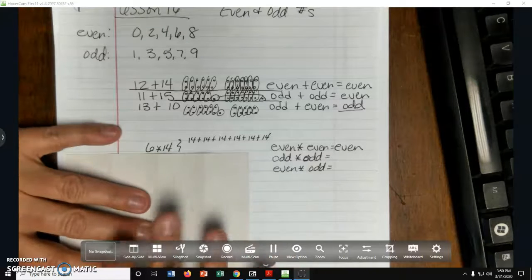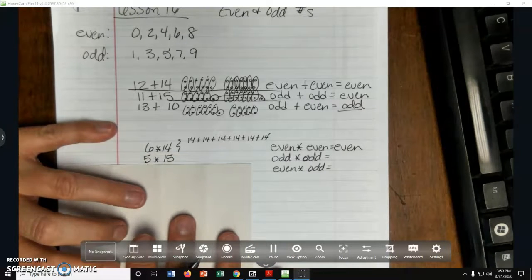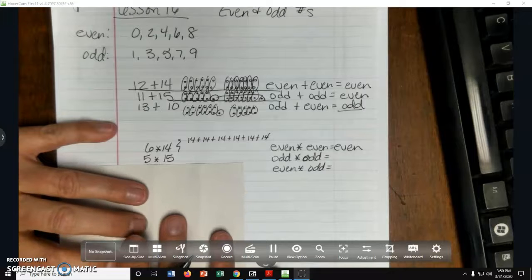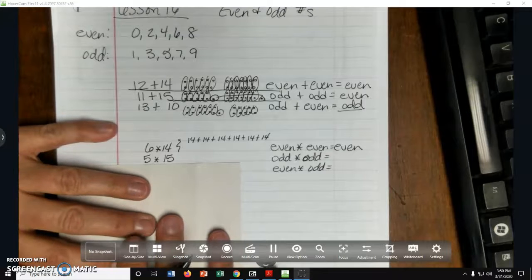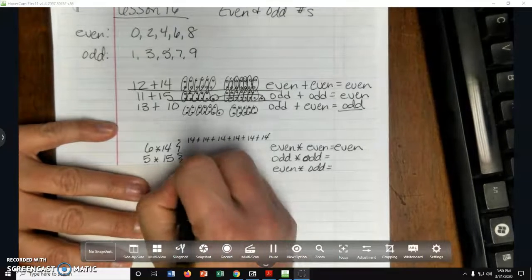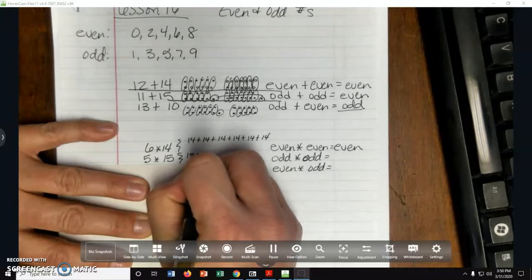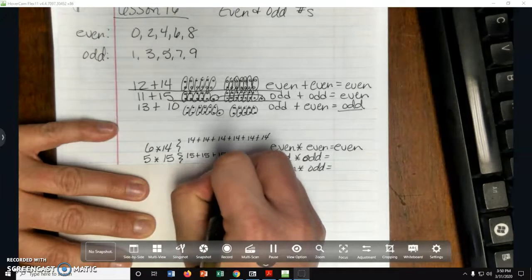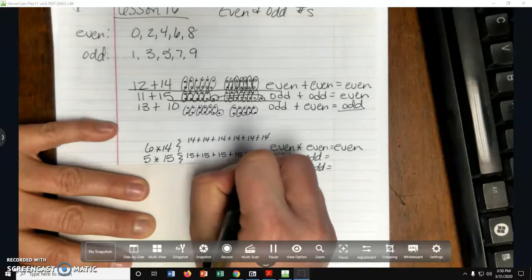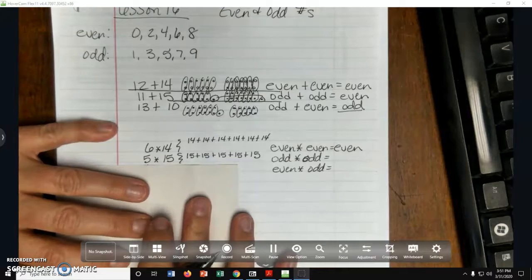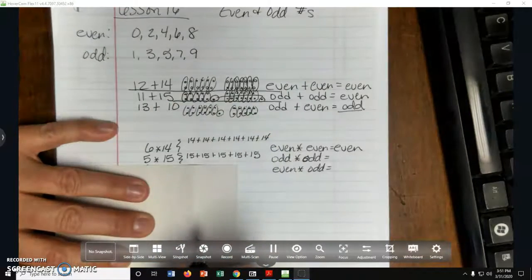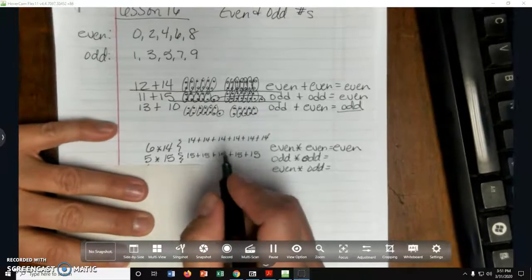The next one, if we have an odd times an odd, so let's look at 5 times 15. Well, this is 5 groups of 15. So 15 plus 15 plus 15 plus 15 plus 15. All right, well, using a little shorthand so we're not drawing all of our dots, let's think about this reasonably.